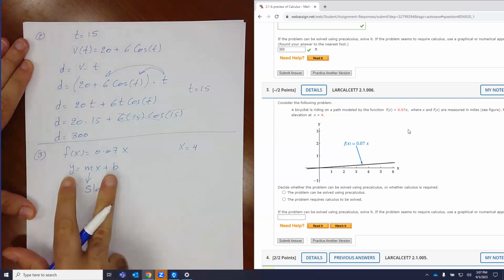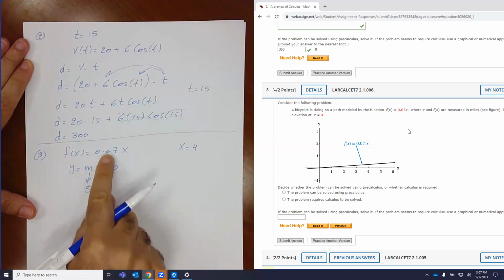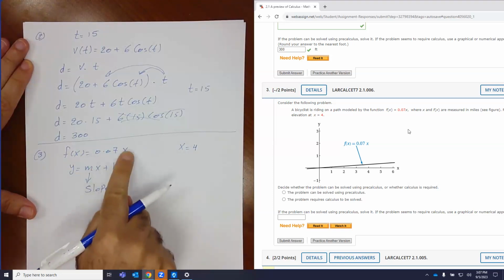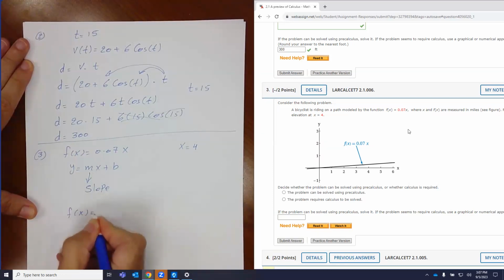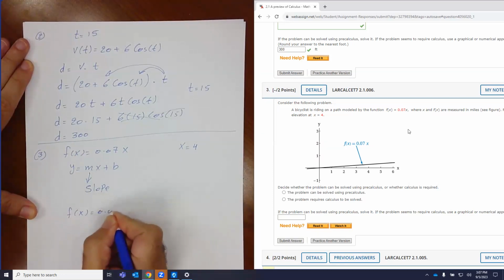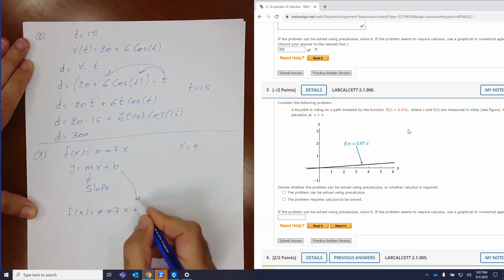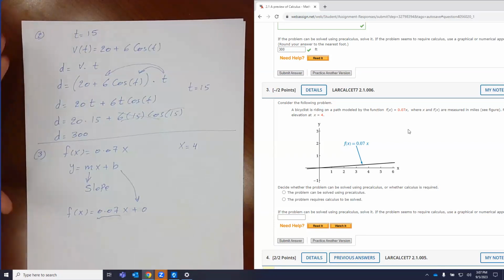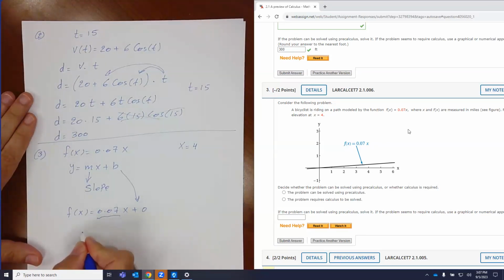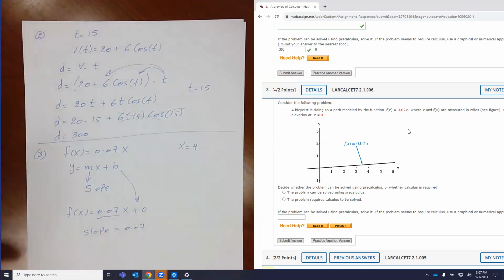If I combine this formula with what I have, f of x is the y, 0.07 is the slope, x, and b is going to be 0. That means f of x equals 0.07x plus 0, so b equals 0. So here is our slope. That means our rate of change, which is the slope, is going to be equal to 0.07.